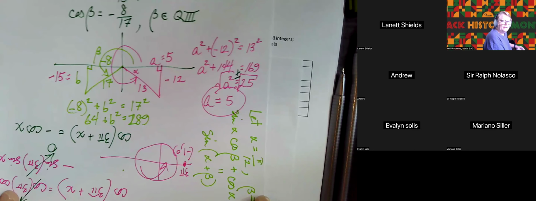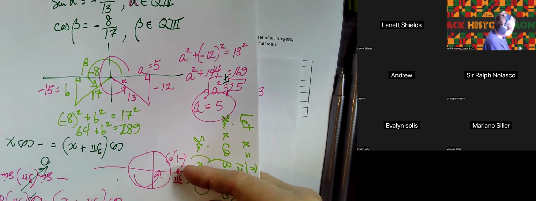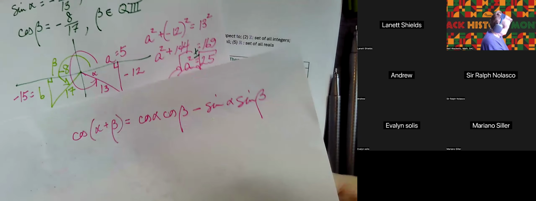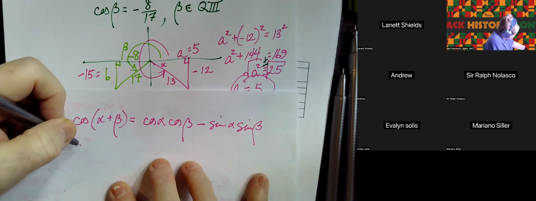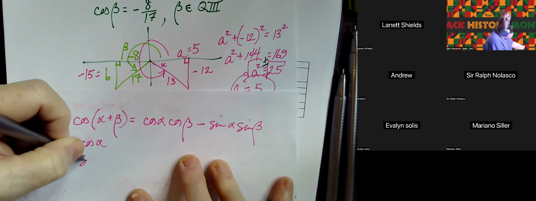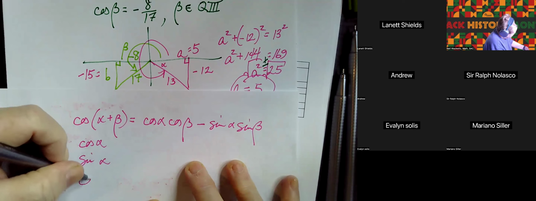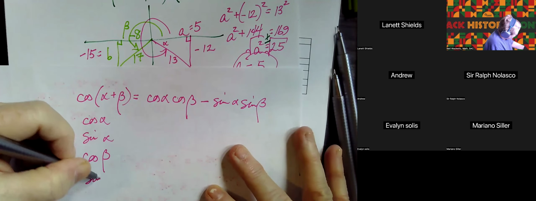So we know easily the sine and the cosine of alpha, the sine and the cosine of beta.